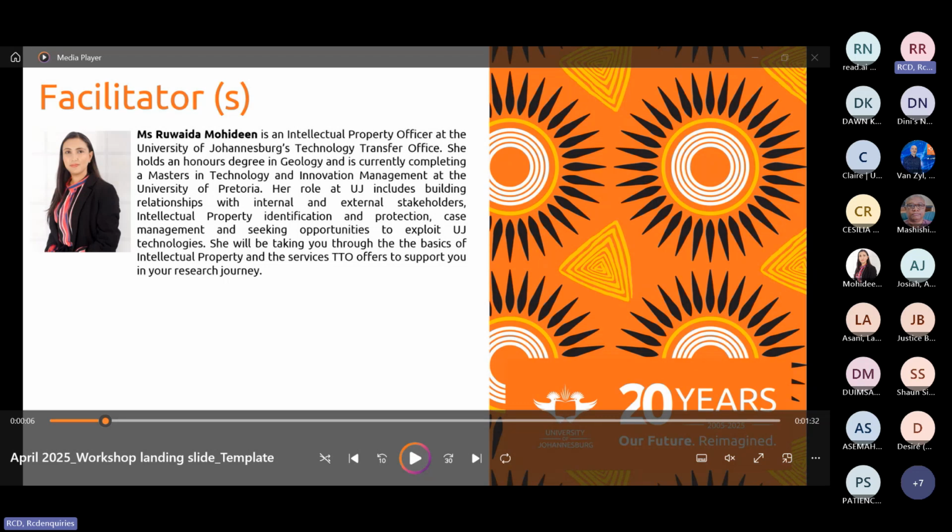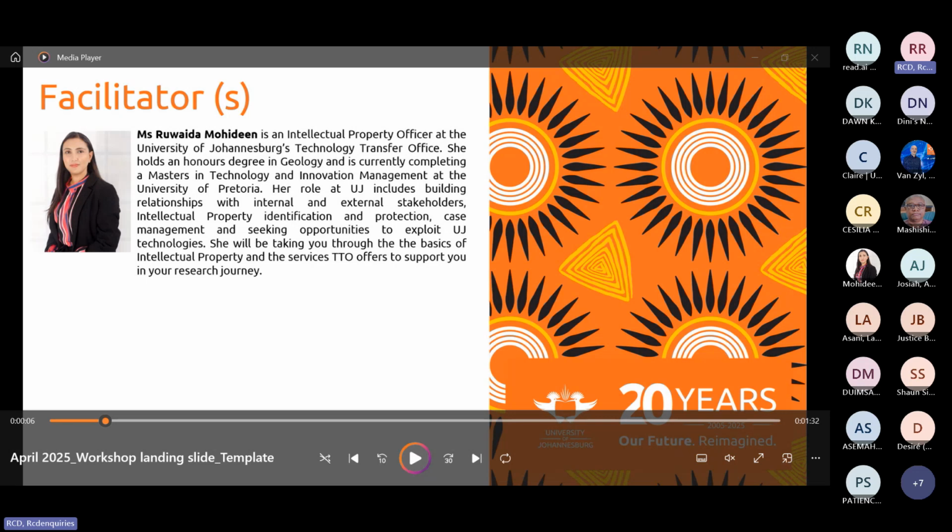Before I begin again, please allow me to introduce our facilitators by reading through their bios. Ms. Rueda Mohedin is an intellectual property officer at the University of Johannesburg Technology Transfer Office. She holds an honors degree in geology and is currently completing a master's in technology and innovation management at the University of Pretoria.